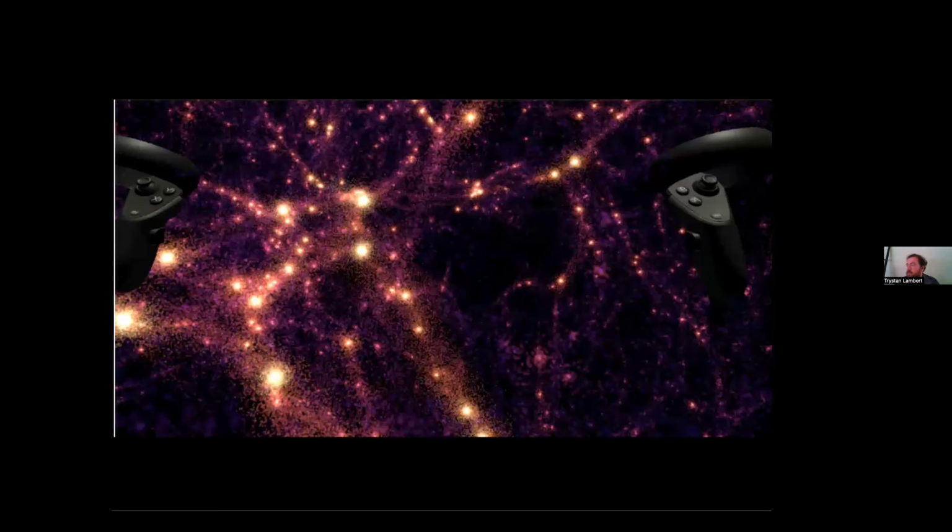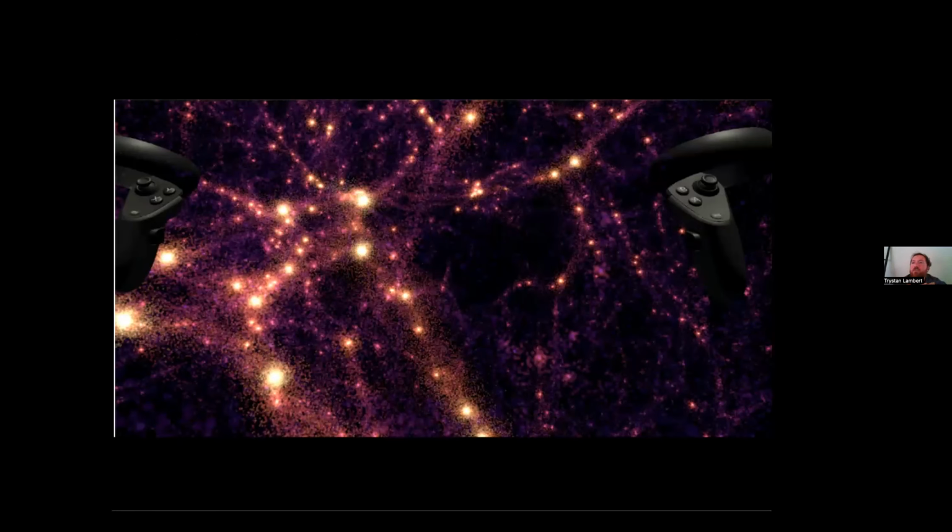This was a cosmological simulation by Neal Katz, where you can see the filaments and the voids. This is your kind of standard cosmological simulation. The interesting thing here is you might not think it's all that useful.